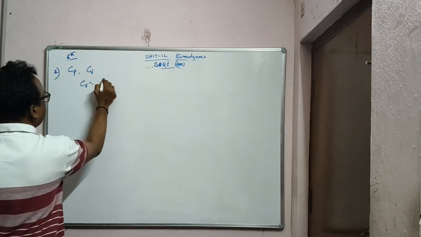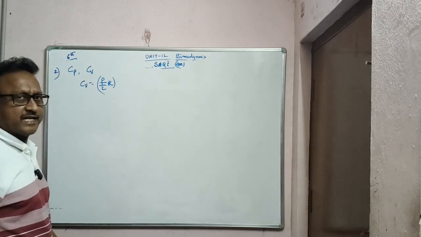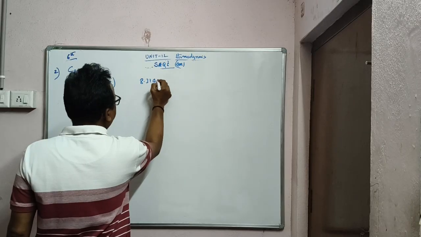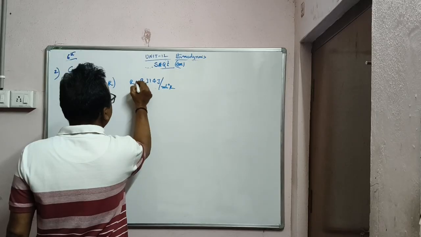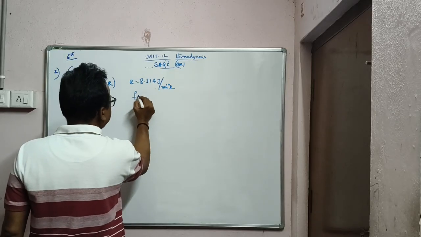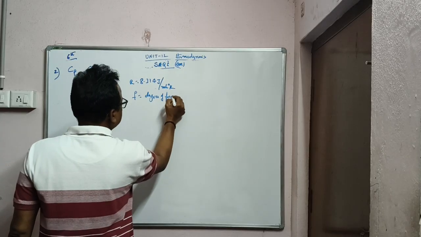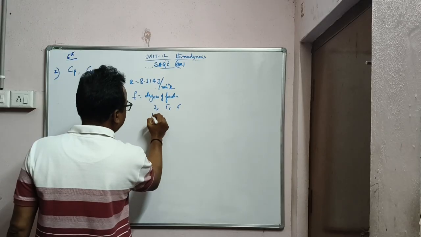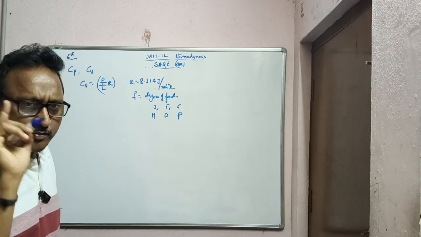In terms of degree of freedom, if you write it, it is F by 2 into R, where F is the degree of freedom and R is the gas constant, 8.314 joule per mole per degree Kelvin. F is 3, 5, 6 depending upon monoatomic, diatomic and polyatomic gases at normal conditions.